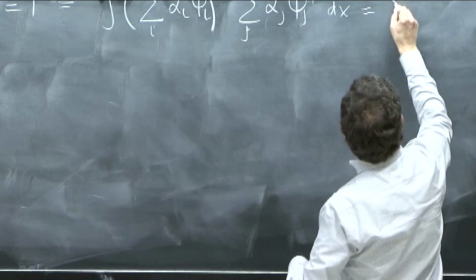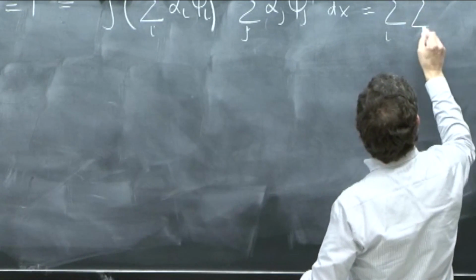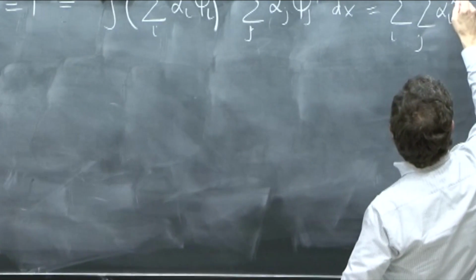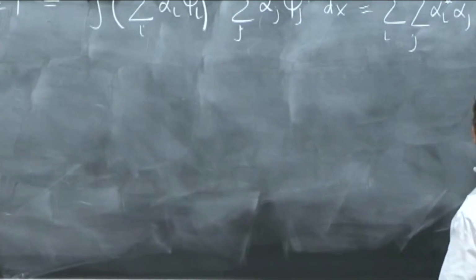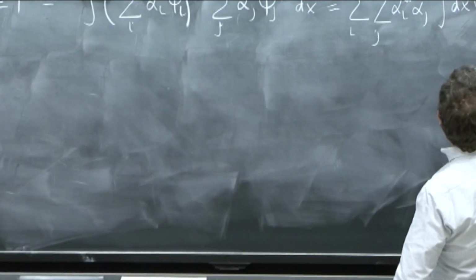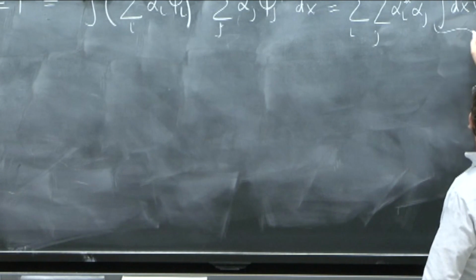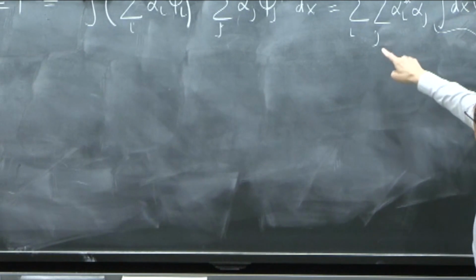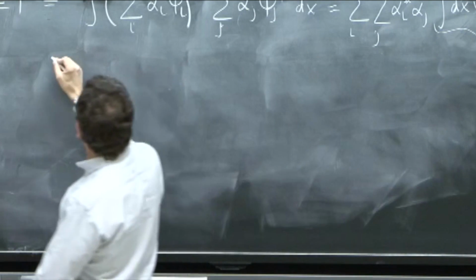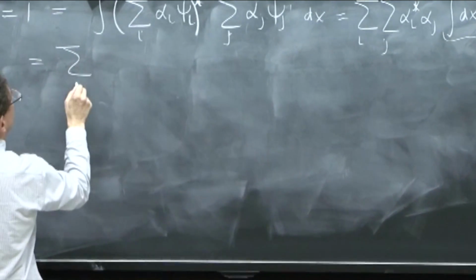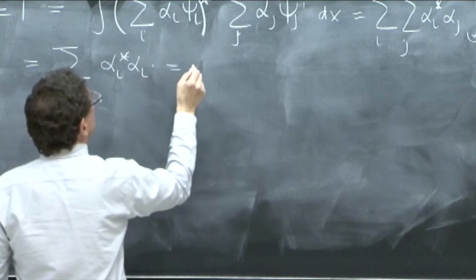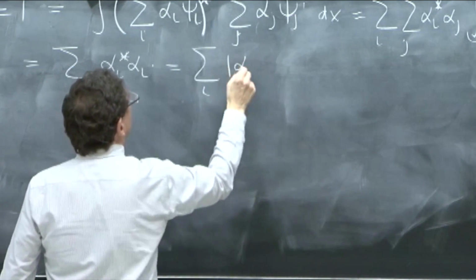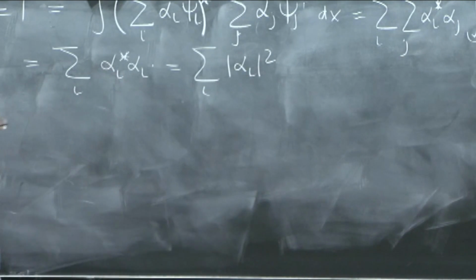Now I take out the sums. I sum over i and j, alpha i star, alpha j, integral dx psi i star psi j. This is delta ij. Therefore j becomes equal to i, and you get the sum over i of alpha i star alpha i, which is the sum over i of the alpha i squareds. So that's what it says.